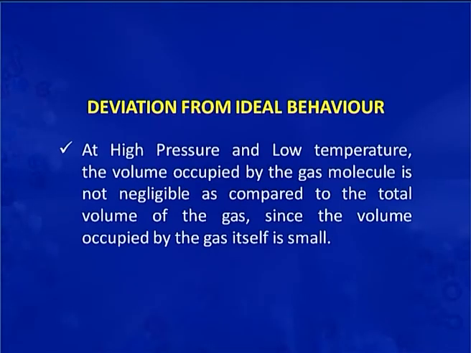But the distance between the gas molecules is very small when they come closer. The conditions are at high pressure and at low temperature. At high pressure and low temperature, the volume occupied by the gas molecules is not negligible as compared to the total volume of the gas, since the volume occupied by the gas itself is small.